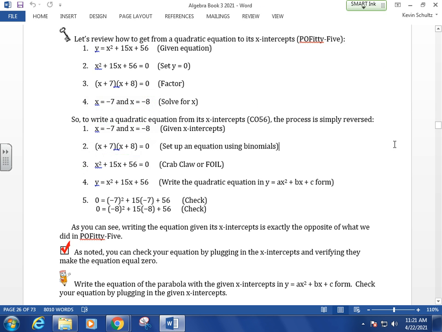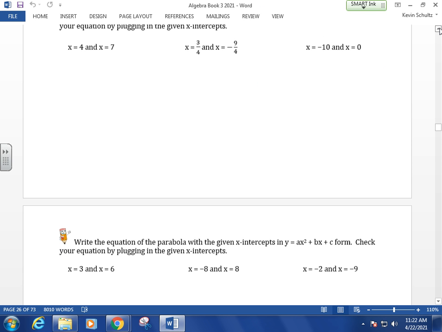So let's look at x equals 4 and x equals 7. What would our parentheses have had to have been to get an x-intercept of 4 and to get an x-intercept of 7? Brent? X minus 4 and x minus 7.